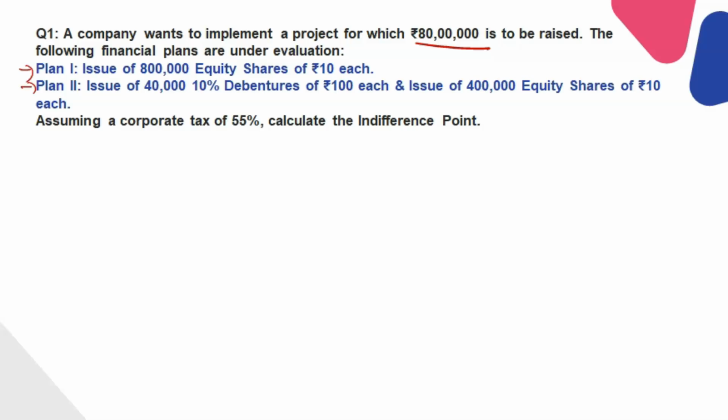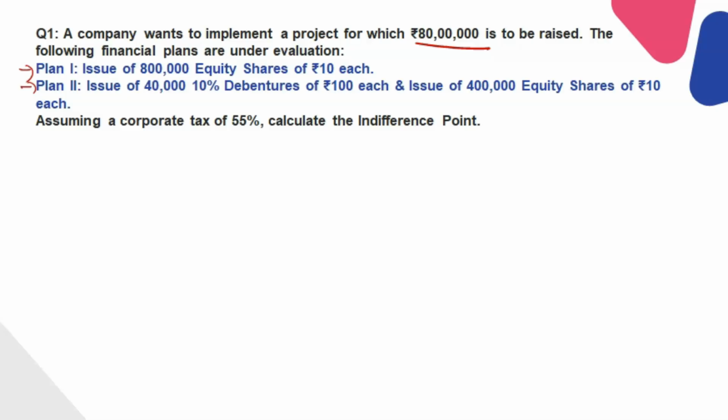Or second plan, they can issue 40,000 10% debentures of rupees 100 each and 4 lakh equity shares of rupees 10 each. Means 40 lakh they can raise through debentures and 40 lakh through equity shares, so that also will become 80 lakh. Tax rate is given as 55%. We have to calculate the indifference point. Or they can ask the question like this: at what EBIT level will the EPS remain unchanged?